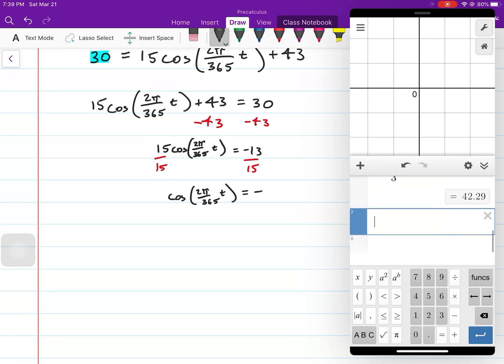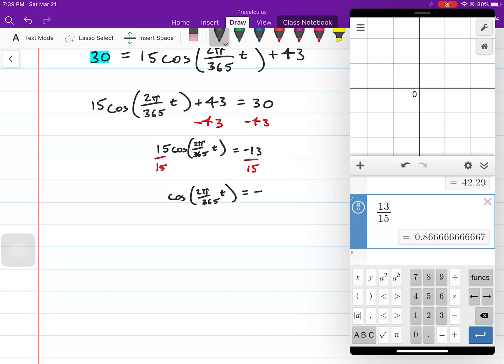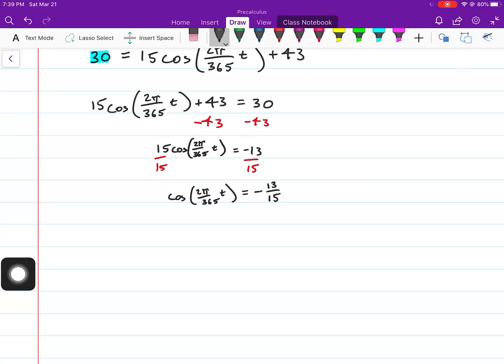So we're going to do 13 divided by 15. Ew. Let's just keep it as a fraction for now. It's a never-ending decimal. I'd rather not lose any digits here. So I'm going to go ahead and do the arc cosine. We'll round later. So arc cosine or cosine inverse of negative 13 over 15.